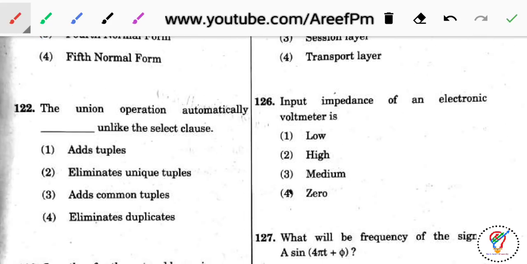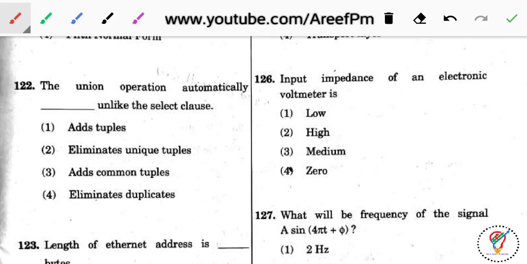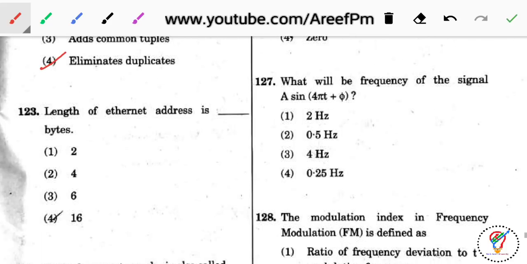Next one, 122. The union operation automatically eliminates duplicates, unlike the select clause. So the answer is option 4 here. Next, 123. The length of the Ethernet address is 6.